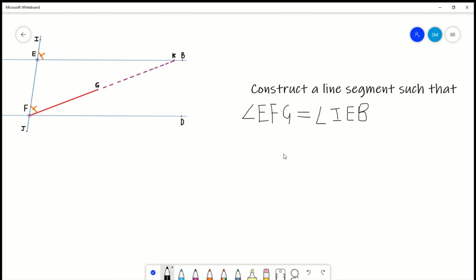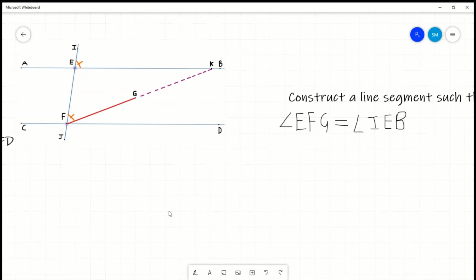Yeah, so now that we have made such a line segment, we'll try to find a few properties of it. More like we'll try to find out what happens when we take this line segment FG and extend it. We'll see what its relation will be with AB.